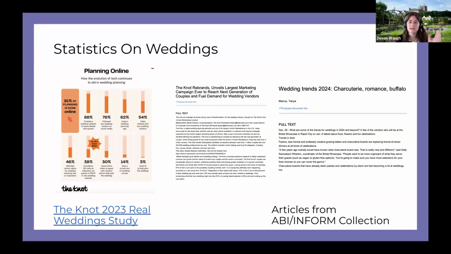And the ABI Inform collection has this collection of first industry research reports from Dun & Bradstreet that are fantastic. You can get a quarterly report on the state of the catering industry or the state of the pet grooming industry as recent as a month ago. And you get a full SWOT analysis of that industry.